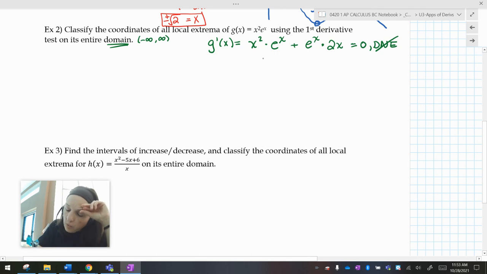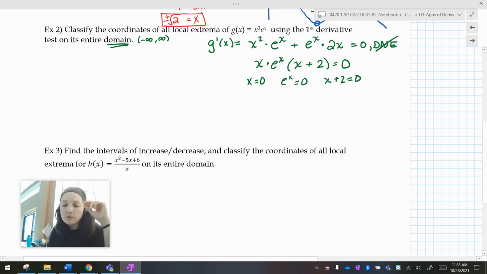When does it equal 0? Well, I could factor out an x, and I can factor out an e to the x, which would leave me with x plus 2. So x equals 0, e to the x equals 0, x plus 2 could equal 0.